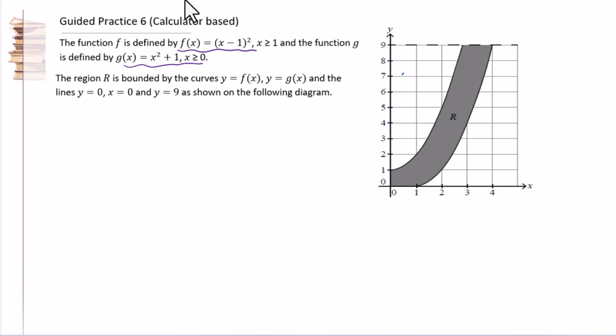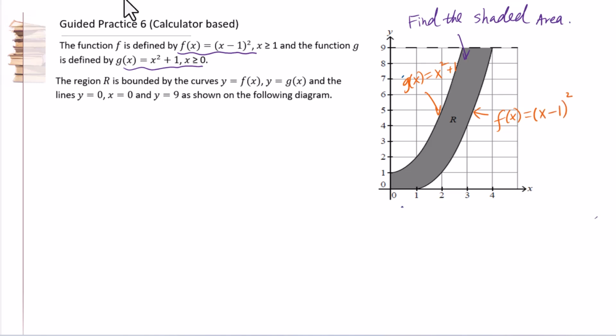Find the shaded area. First of all, we need to figure out which line is f of x and which is g of x. This is g of x equals x squared plus 1. This is f of x equals (x minus 1) squared.